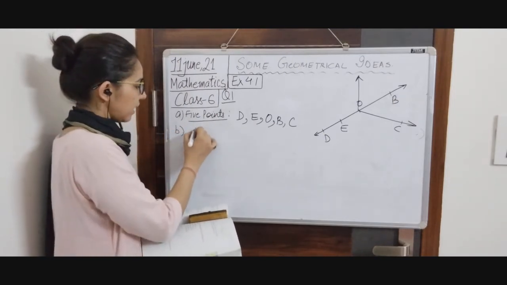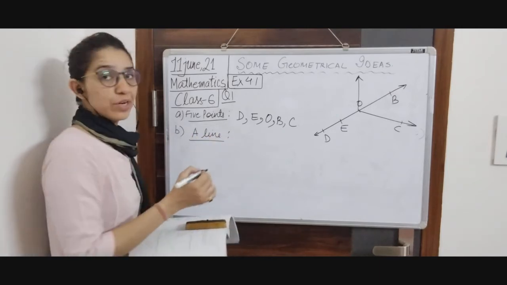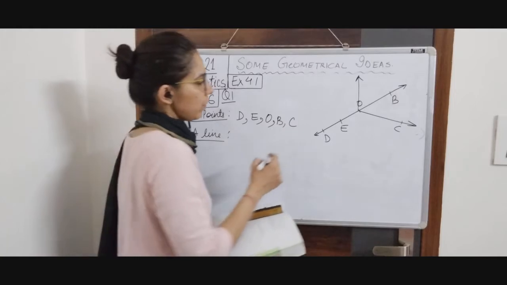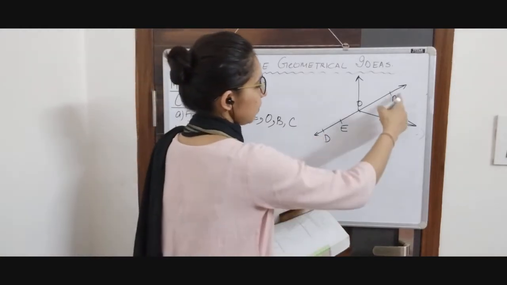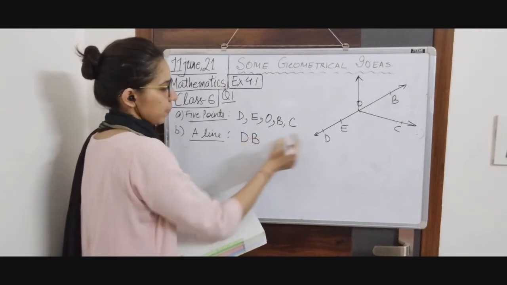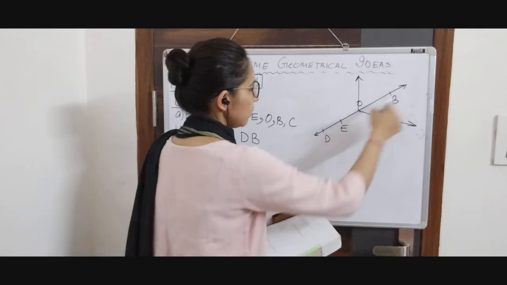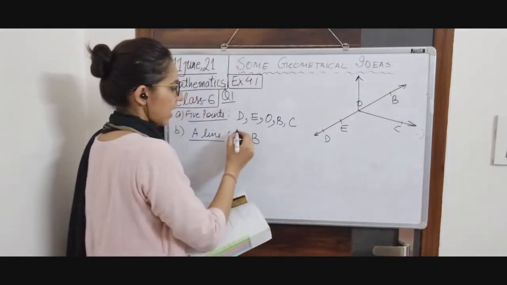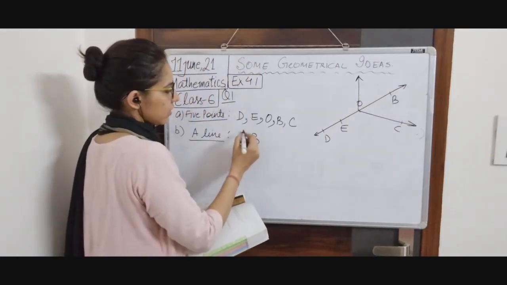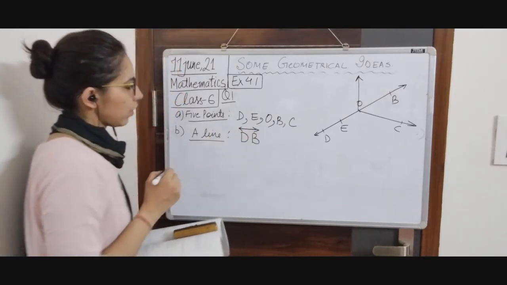Next is a line. A line means it has no end points. It will be DB, going endlessly in both directions, and DB won't be written plainly like this, but instead we will have a double-headed arrow on it.